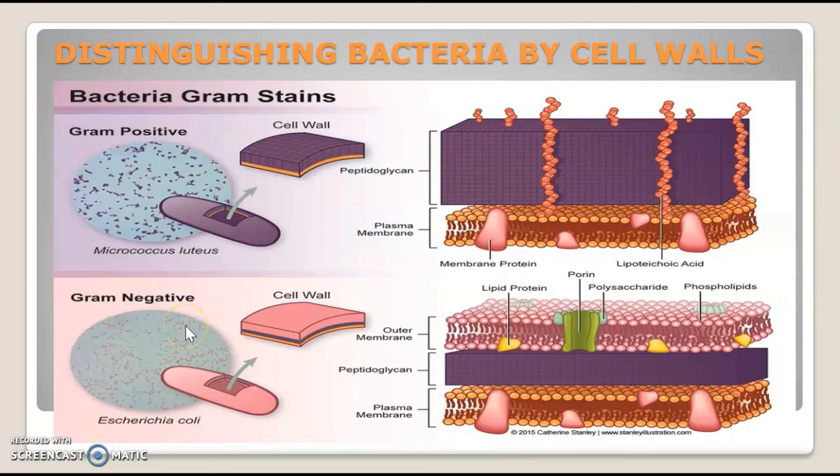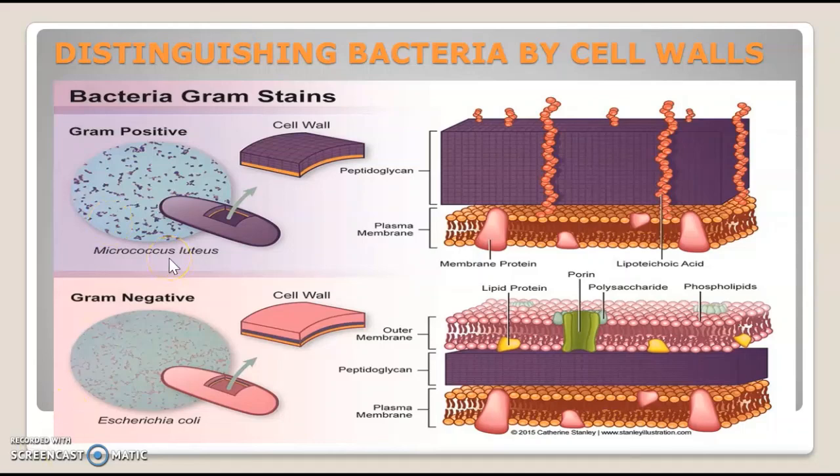Why do gram-positive bacteria appear purple and gram-negative bacteria appear pink when you perform gram staining?